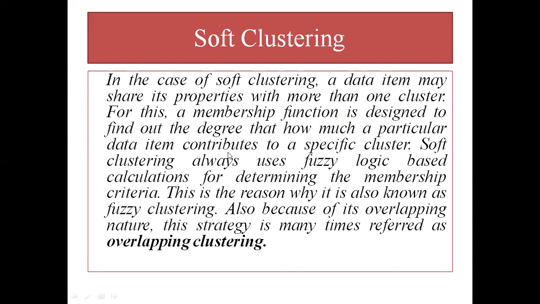So every data point will possess some membership values, and this membership value exactly represents how much they are contributing to which cluster. This is the reason why we call it fuzzy clustering, because these membership functions are called fuzzy membership functions.